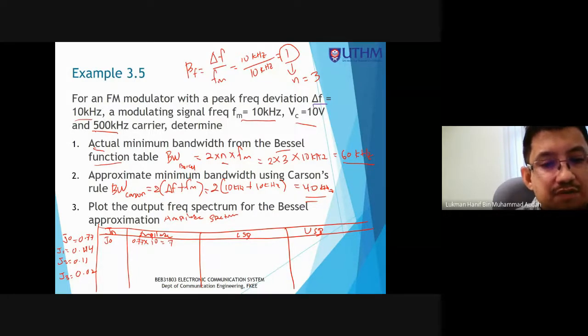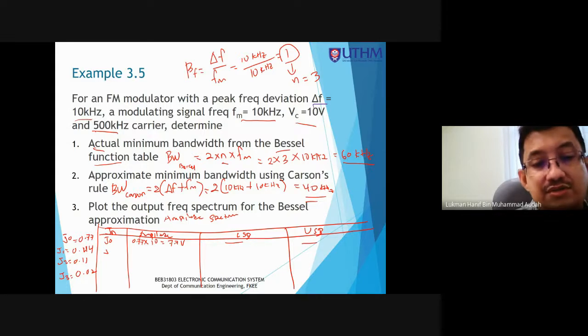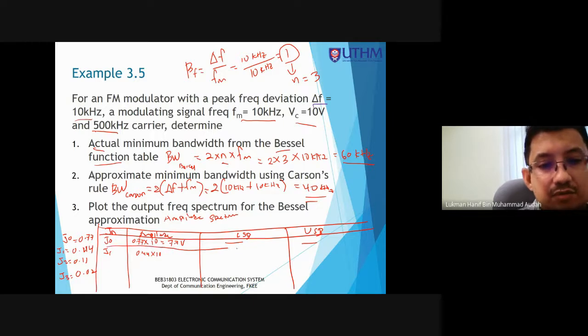So we get 7.7 volt. Okay, so J1, and here we don't have the LSB USB because this is the center. And then this is J1. J1 is 0.44 multiplied with 10. Okay, so we get 4.4 volt.